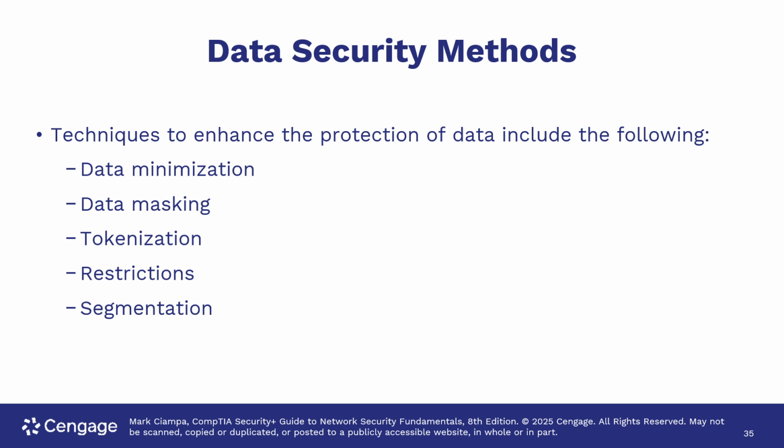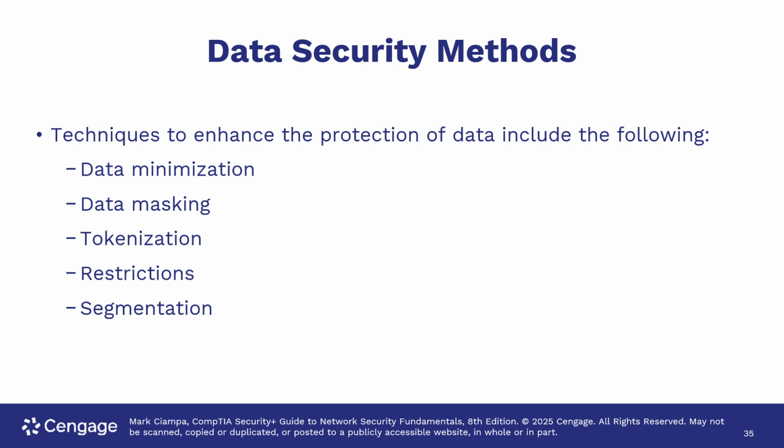Some techniques to enhance the protection of the data include the following. You have data minimization. That means I maybe set up a key or some kind of code so that I don't have to transmit the entire string of information. Maybe if you're looking for something on Amazon, and you know the catalog number, you just type that catalog number.